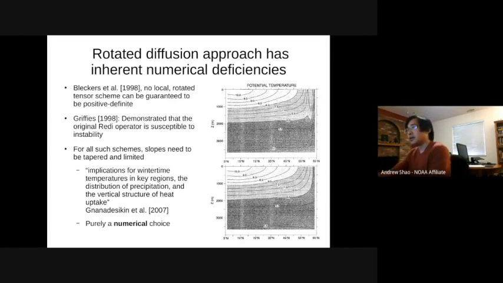Griffies 1998 also demonstrated that the original Redi operator is susceptible to an instability. If you look at the figure on the right-hand side, this instability shows up after, I think, something like 1,000 years of integration. But you can see that instead of having a nice smooth thermocline, you actually get these jags in the northern part of the basin, around 60 degrees north, in that top panel.